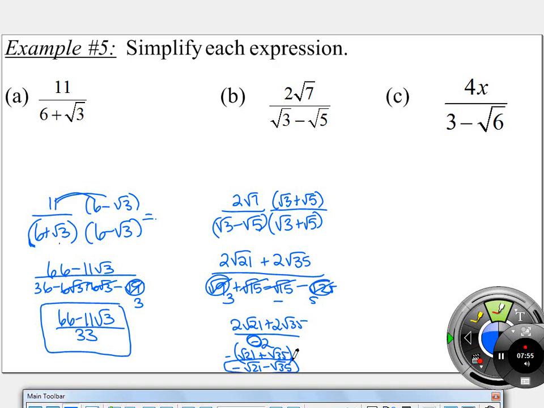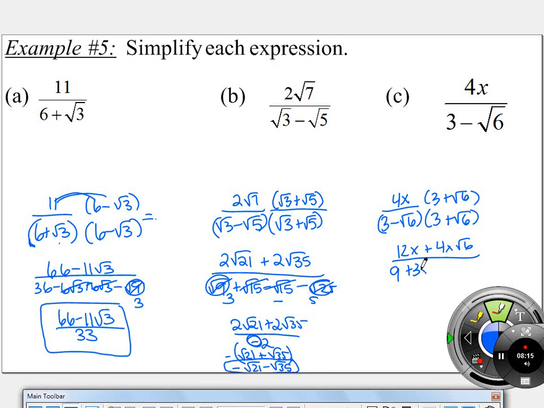All right, so it's not going to change if there's a variable in it. We can't really do anything for the variable, but again, we just want to rationalize the denominator. So the conjugate of 3 minus rad 6 is 3 plus rad 6. And so we'd get 12x plus 4x rad 6 over 9 plus 3 rad 6 minus 3 rad 6 minus rad 36.